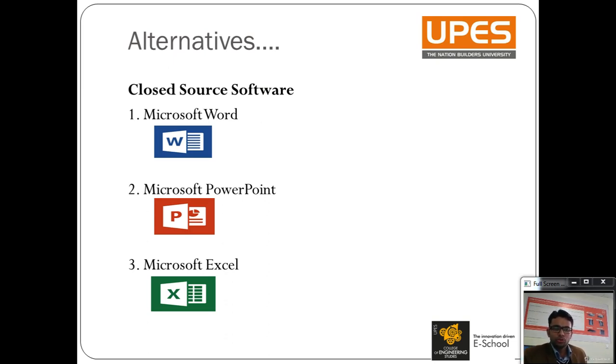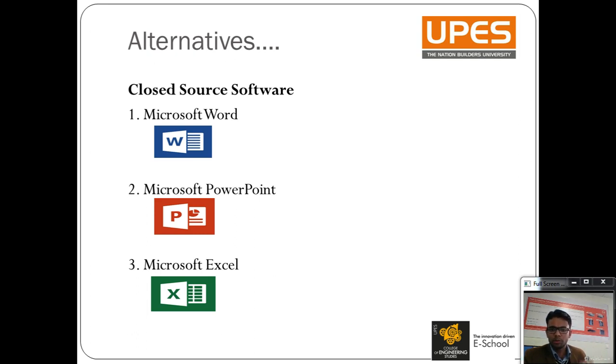We always use proprietary software like Microsoft Word, PowerPoint, or Microsoft Excel, but we never try to find alternatives to these closed source software. But there are very popular alternatives with competitive features.